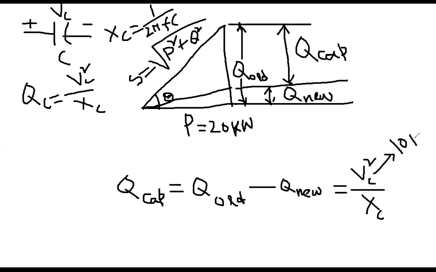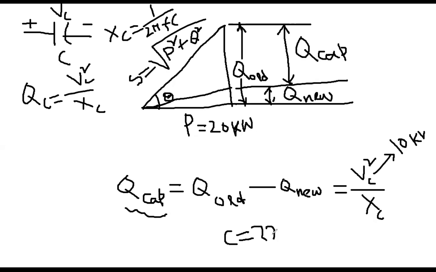How much? This was, I think, 10 kV. And inside XC, that is 1 over 2 pi FC, C is the capacitance and F is the 60 hertz that is given. So if you know this Q cap value, then if you directly apply this equation, you are able to find out the C value.